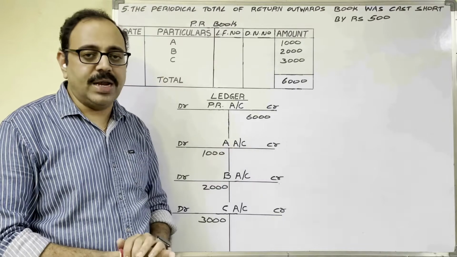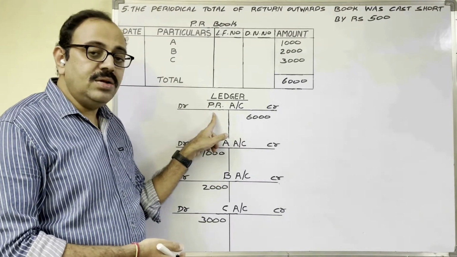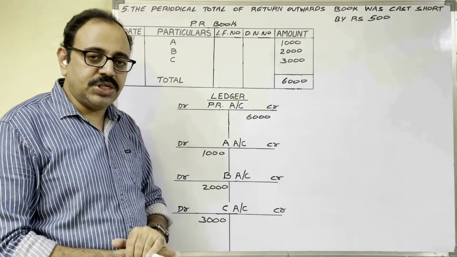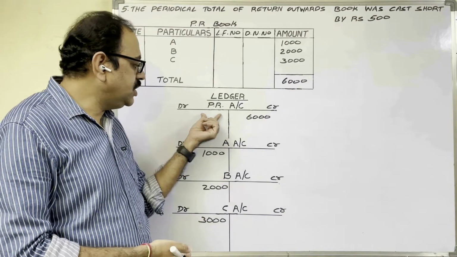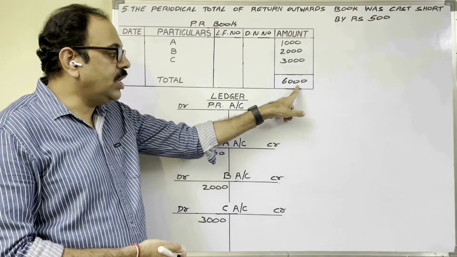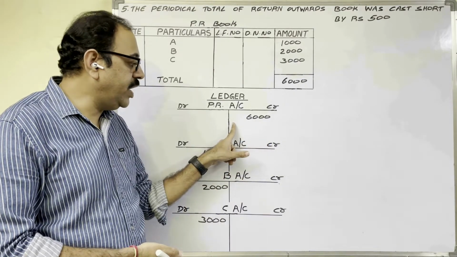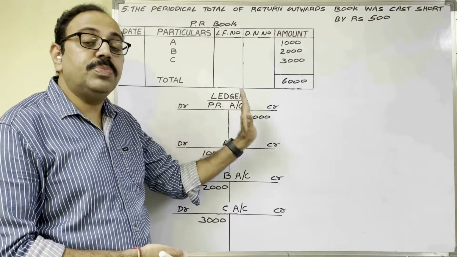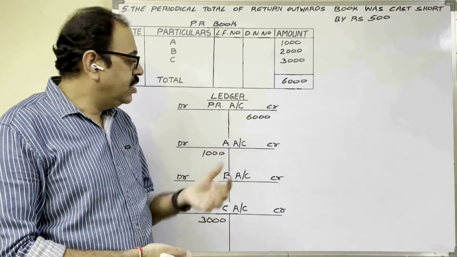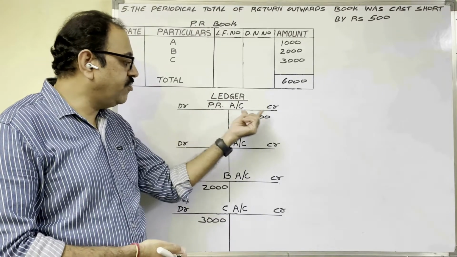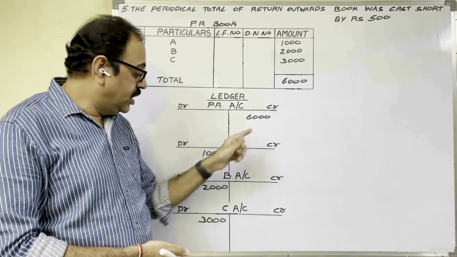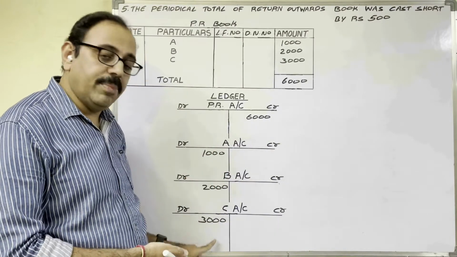Expenditure shows a debit balance. Purchase return is the opposite, it shows a credit balance. So in the purchase returns account, this total we should post on the credit side. In the particulars column, what to write? By sundries as per purchase returns book. When you credit this amount in the purchase returns account, in the suppliers accounts we have to debit.